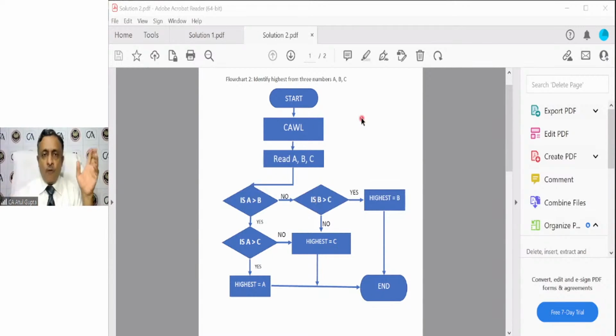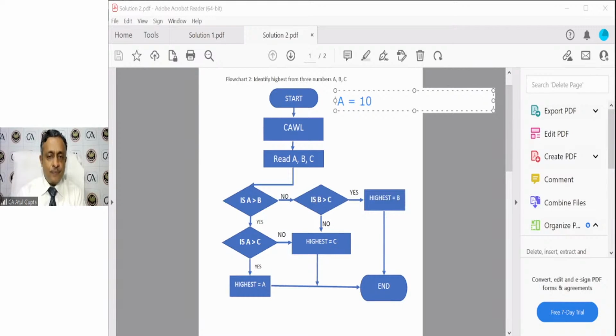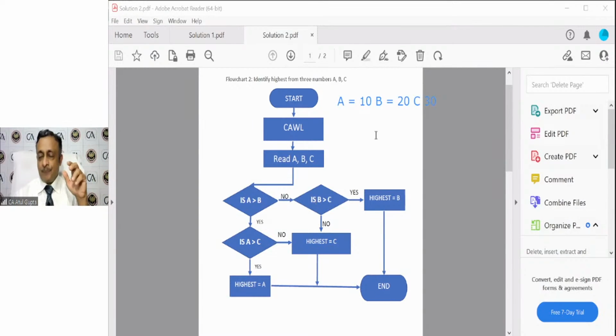Now, for this flowchart, we'll create more than one value set. The first set is A is 10, B is 20, and C is 30. At each step, we will write the result of the step. This is what we say a dry run.